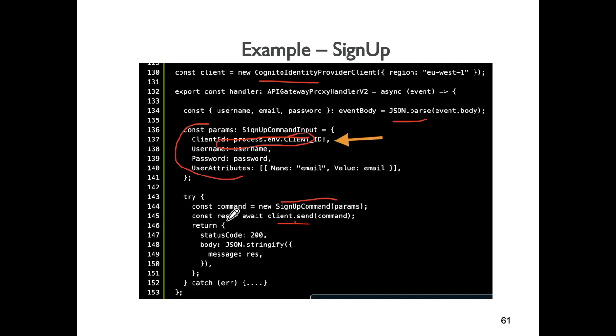So whatever response comes back from Cognito, that's what's sent back to me. So that's, in one sense, pretty straightforward. Extract stuff from the body of the event, create your relevant Cognito command, send the command to the client, take the response back, and just send the response straight back to the user.